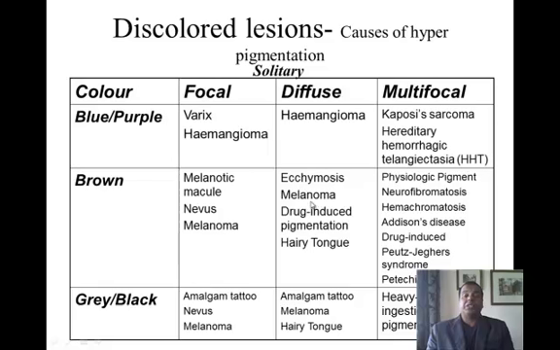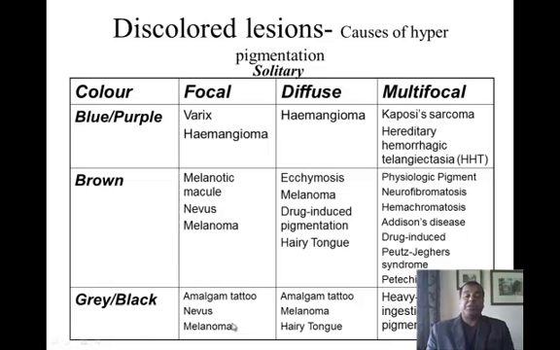Diffuse could be ecchymosis, which is extravasation of blood into the surrounding tissue, melanoma or drug-induced pigmentation, as well as hairy tongue. Multifocal could be physiologic pigmentation, neurofibromatosis, hemochromatosis, which is iron deposition, Addison's disease, medication-induced, or Peutz-Jeghers syndrome, as mentioned before, or petechiae.